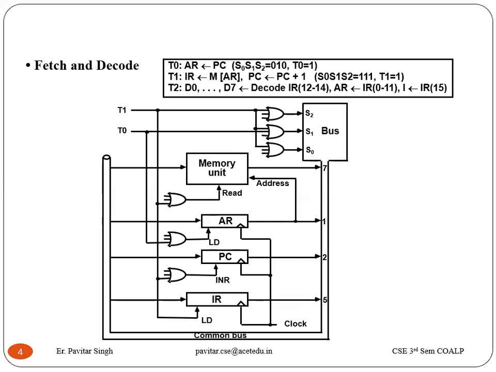So T0 and T1 give you fetch. This thing is called fetch: fetch the instruction. Then you need to decode it, and for decoding we have T2.